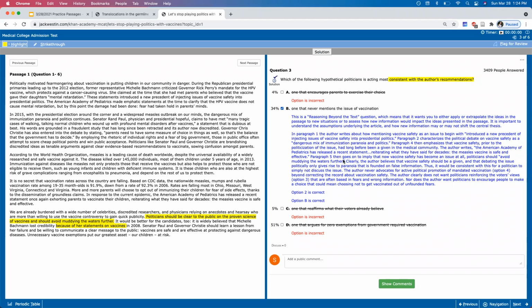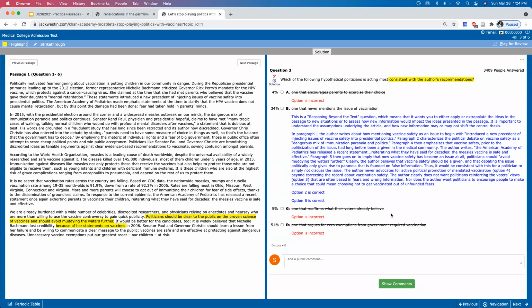So clearly the author believes that vaccine safety should be a given and that debating the issue only gives rise to paranoia that is founded on false information. Thus, it would be consistent with this for a politician to simply not discuss the issue. The author never advocates for active political promotion of mandated vaccination beyond correcting the record about vaccination safety. Does that kind of make more sense?